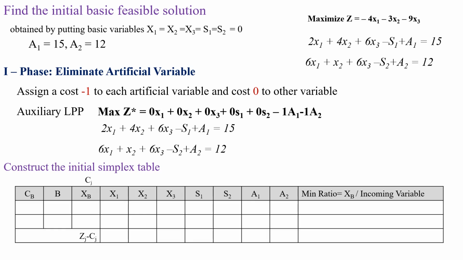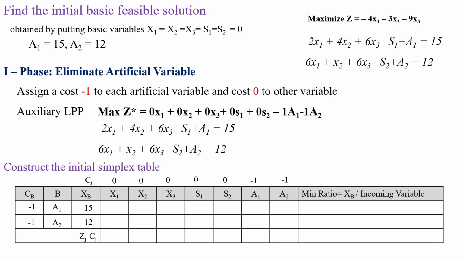Here B is the basic variables, A1 and A2 are the basic variables, and CB is their cost coefficients. Here the A1, A2 cost coefficients are -1, and XB is the initial basic feasible solution. For A1 the initial basic feasible solution is 15 and for A2 it is 12.